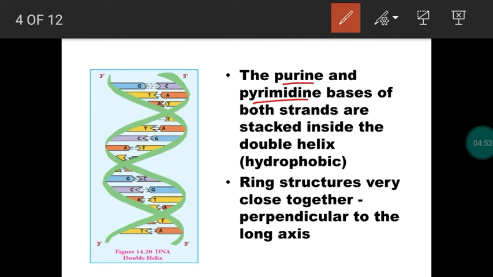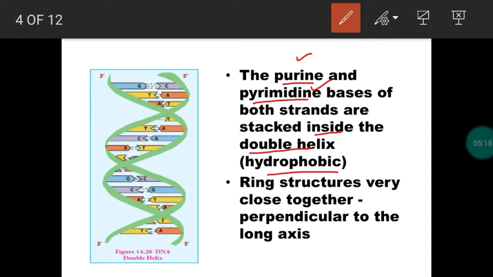They are derivatives of purine and pyrimidine. They are present inside the double helix because they are hydrophobic in nature and cannot be present outside of the helix, where we have water molecules.